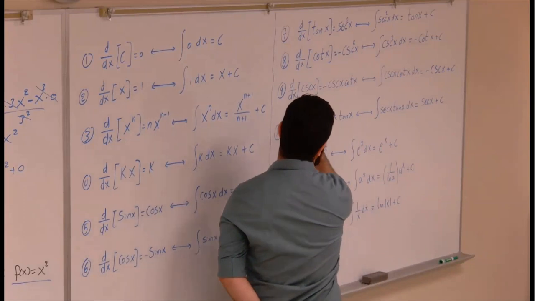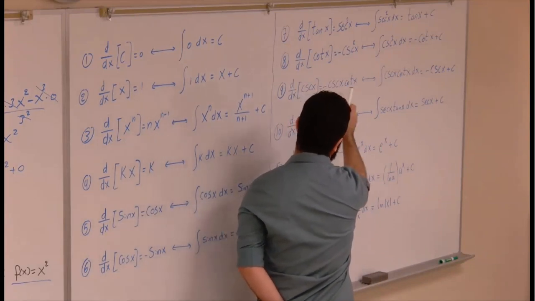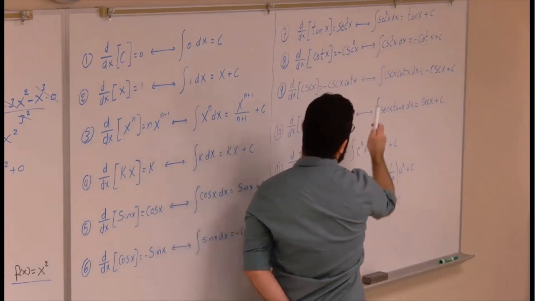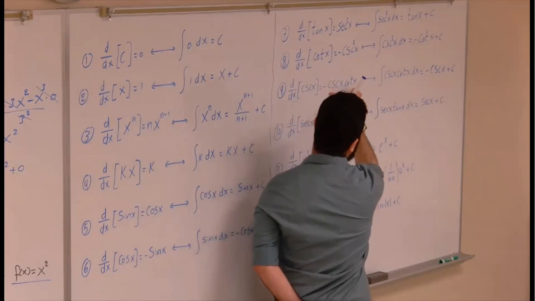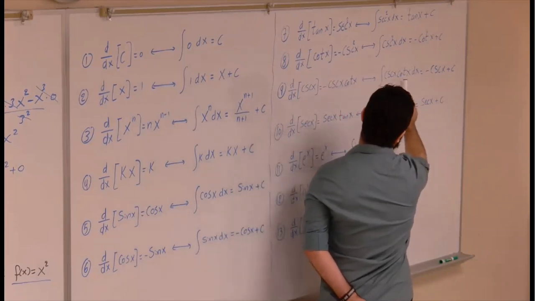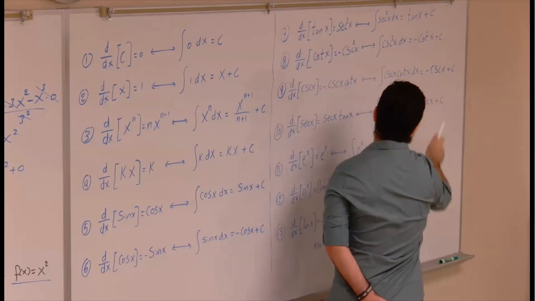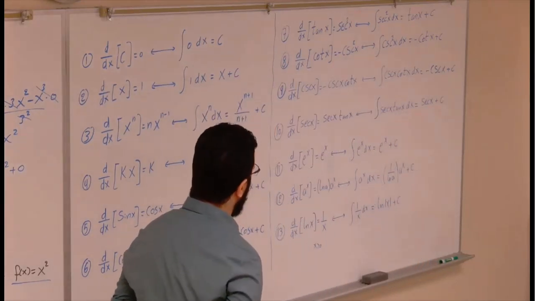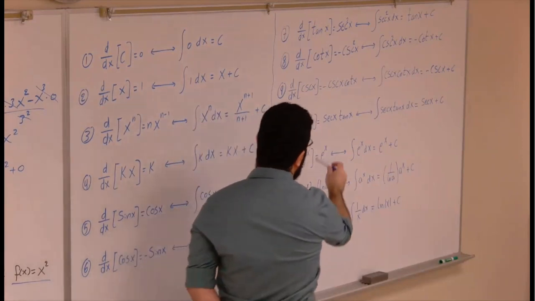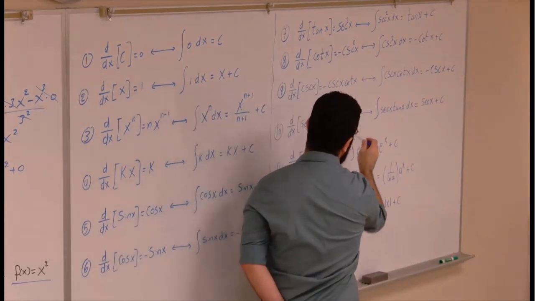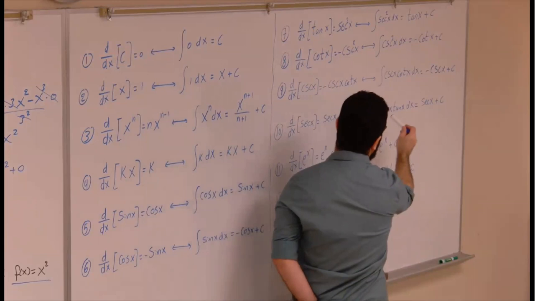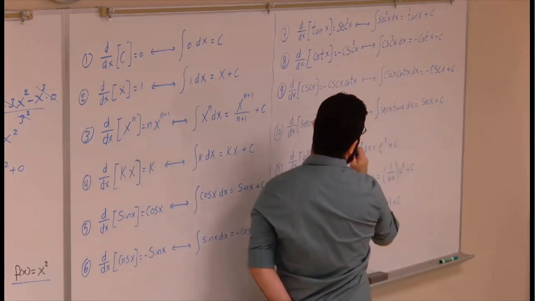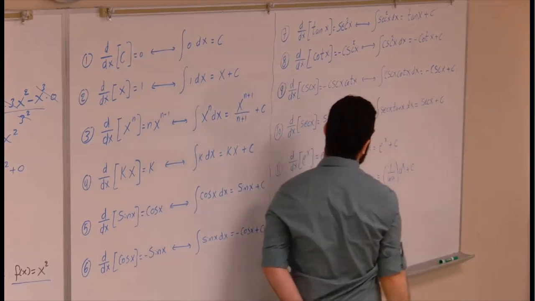The derivative for cosecant x is negative cosecant cotangent. The integral for cosecant x cotangent x dx is going to be negative cosecant x plus c. Always you have to add the constant c. The derivative for the secant x is secant tangent. The integral for secant tangent x dx is going to be secant x plus c.